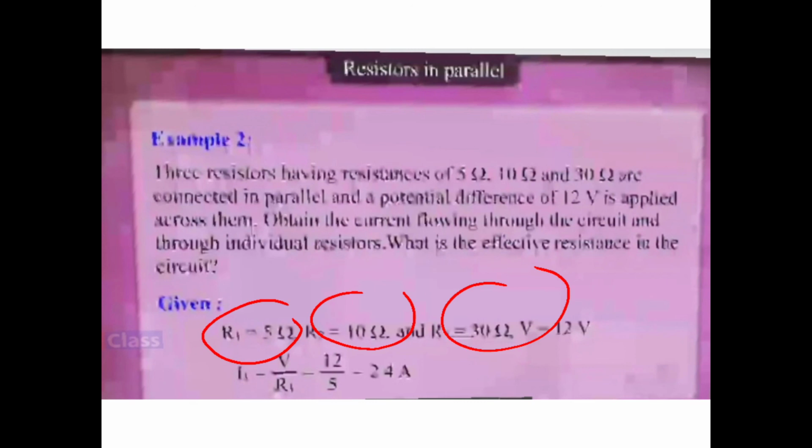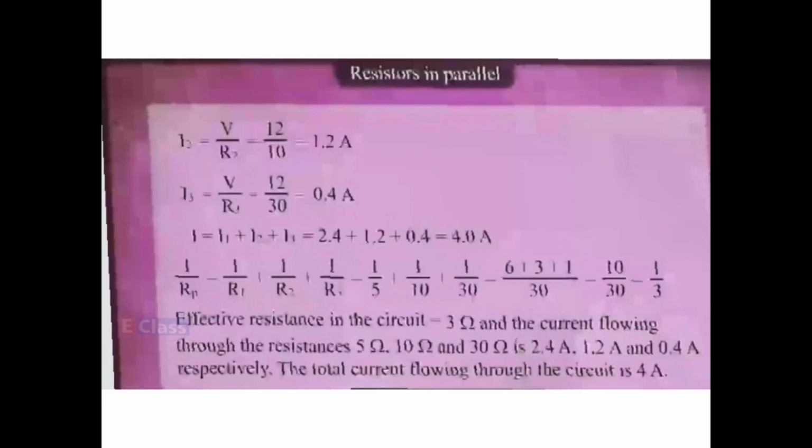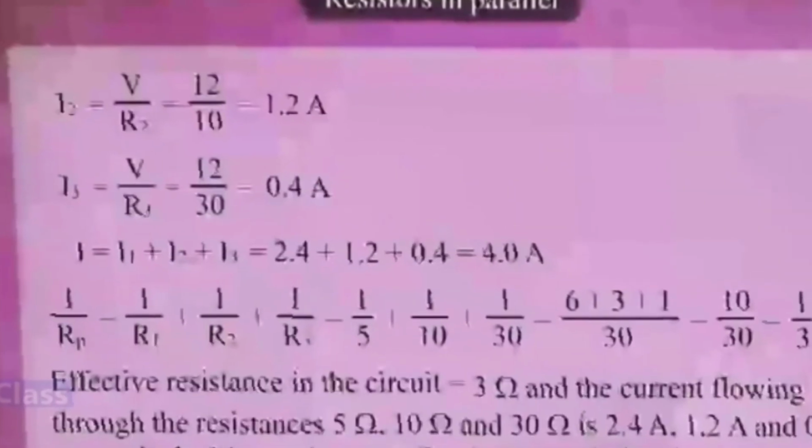Now the second wire, V upon R2, so 12 upon 10, 1.2. I3 is V upon R3, 12 upon 30, 0.4, right? And what is I? I will be 2.4 plus 1.2 plus 0.4, which comes out to be 4.0.